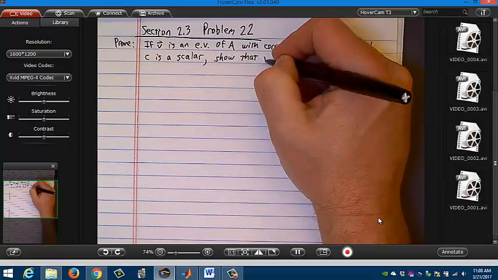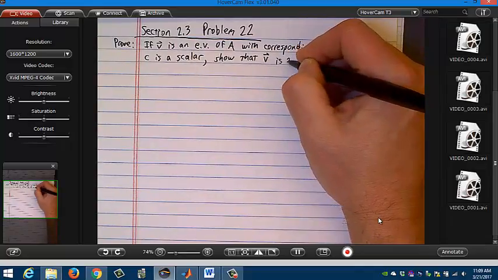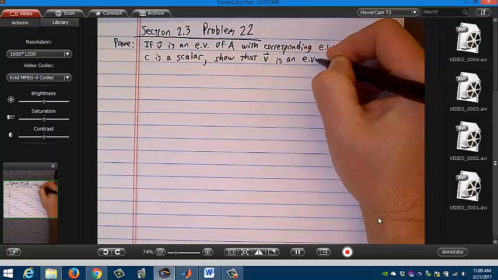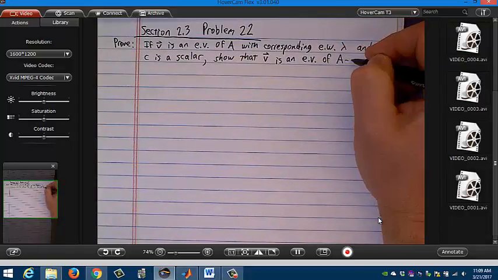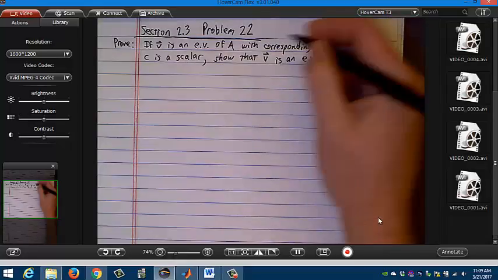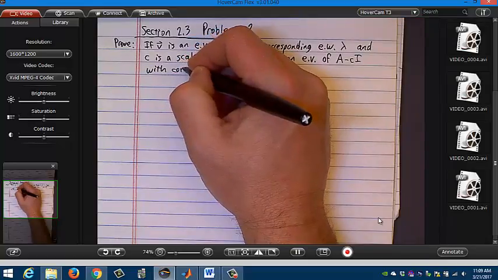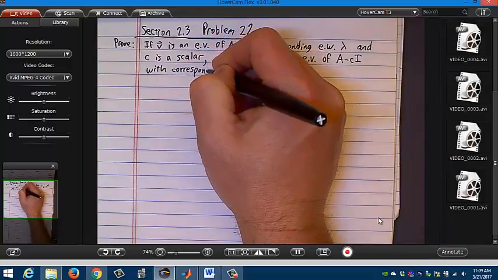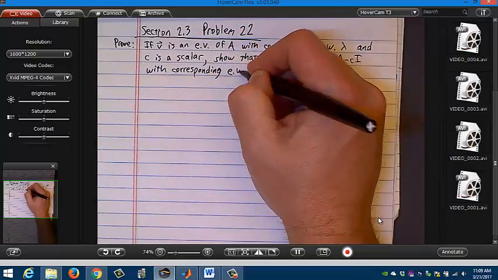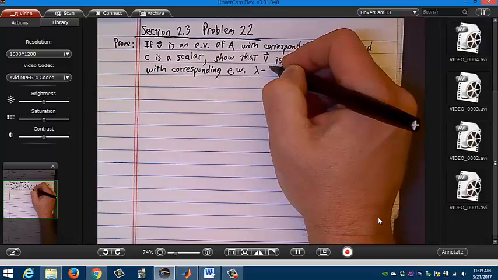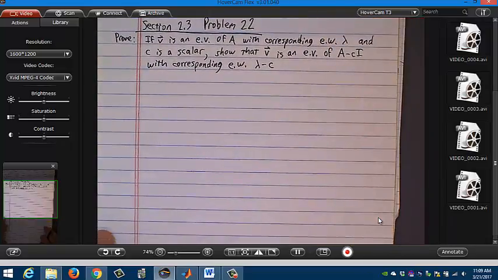Show that v is an eigenvector of A minus cI with corresponding eigenvalue lambda minus c.